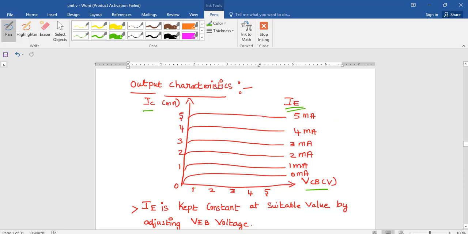Here you can see that VCB has no effect on your output. Even though VCB is varied from 1 to 5, the output does not change. The output changes whenever there is a change in IE.